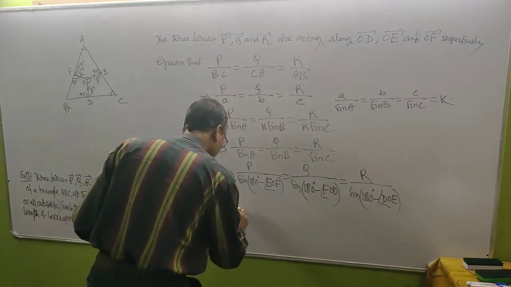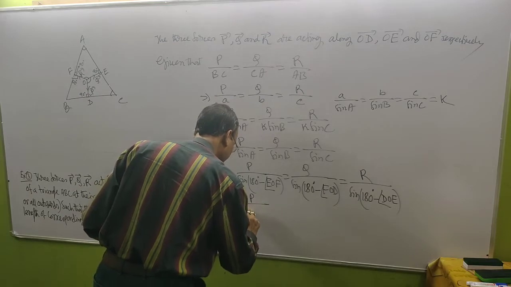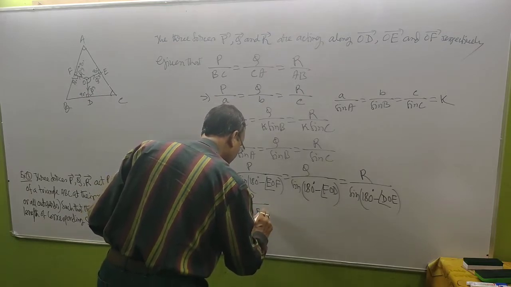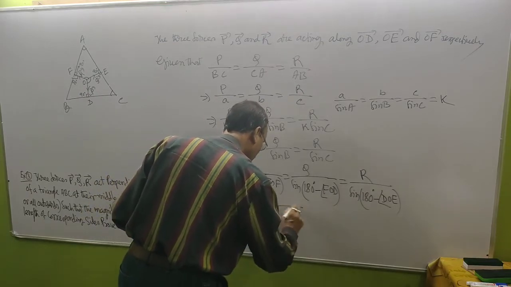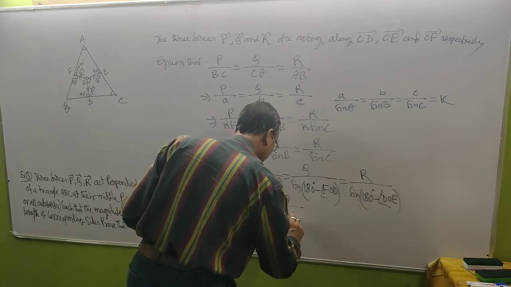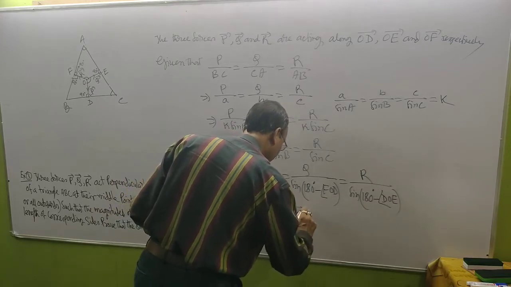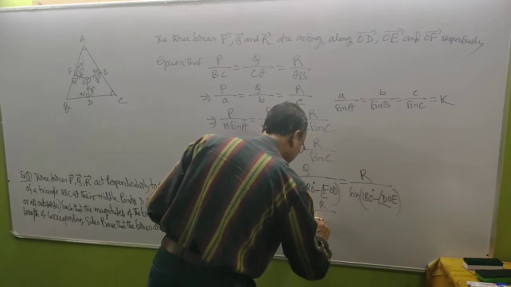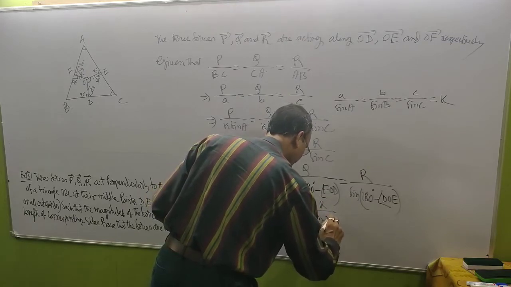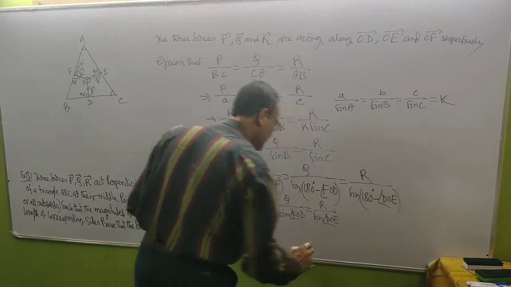This means that P by sin EOF equal to Q by sin FOD equal to R by sin DOE.